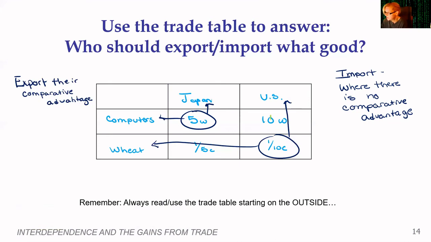Well, we have no circle here and we have no circle here. So that must mean, if we talk about this in export and import language, that the US will import, follow it down and over, computers. And Japan will import wheat.